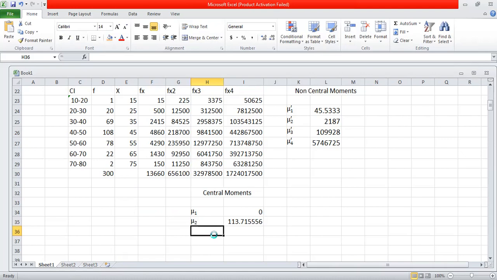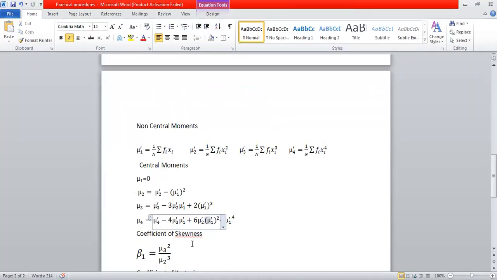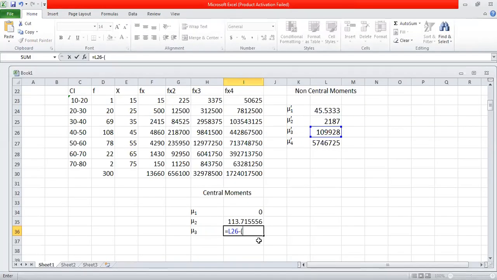So first mu3 dash, minus, open the bracket, 3 into mu2 dash into mu1 dash, close the bracket, plus 2 into mu1 dash cube, that is mu1 dash into mu1 dash into mu1 dash, 3 times.